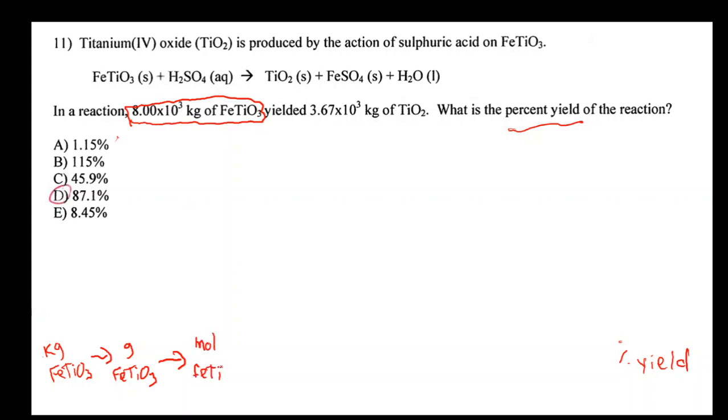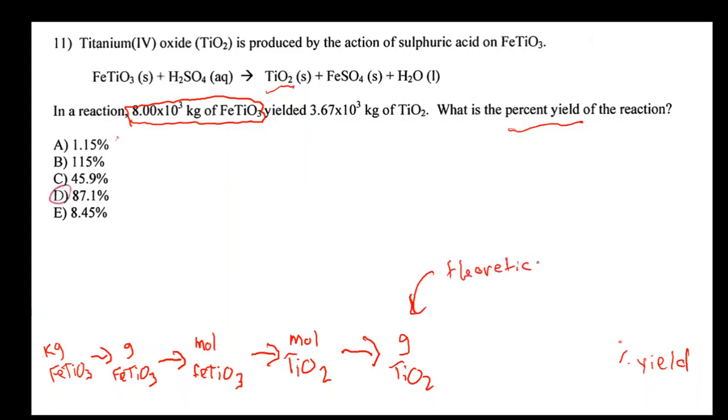And then once we're in moles of FeTiO3, we can go to moles of TiO2 using the reaction formula. And then once we have moles of TiO2, we can use a chemical formula to go to grams of TiO2. And then this here is our theoretical yield.